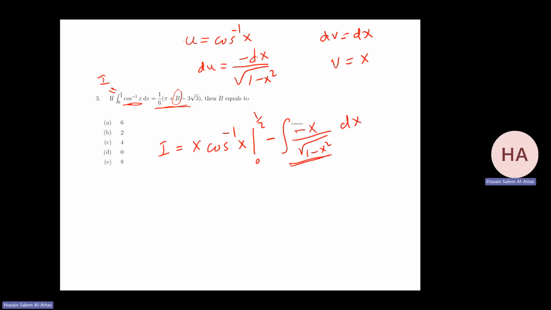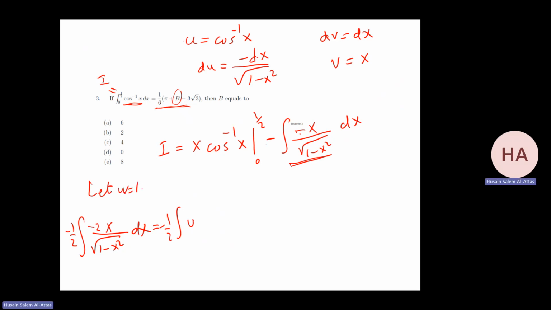This one I can do by substitution, which is x over square root 1 minus x squared dx. Multiply minus by minus. So this one I need minus 2 and minus half. So that will be minus half. This is u, this is du.